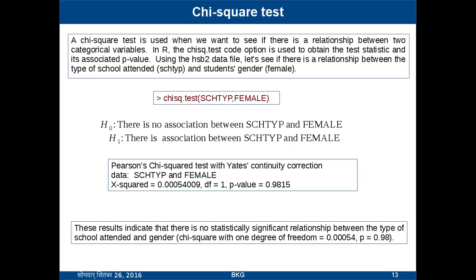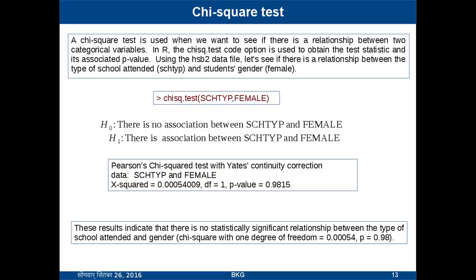Now we'll go for another application of the chi-square distribution, that is the chi-square test to see if there is a relationship between two categorical variables. In R, the chisq.test code is used to obtain the test statistic and its associated p-value.